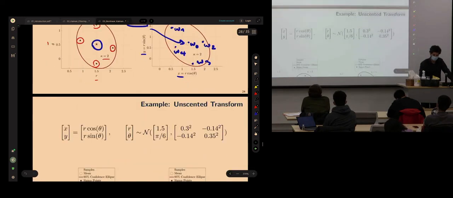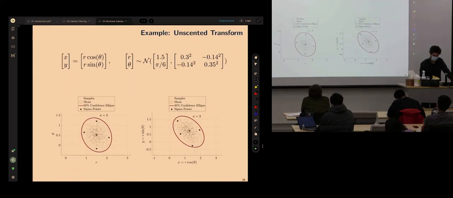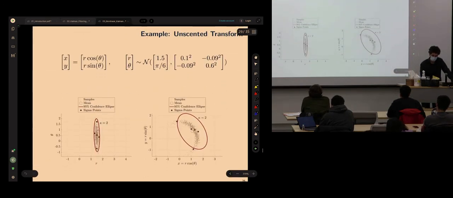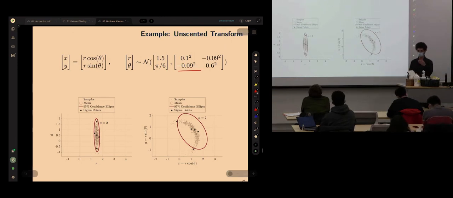As we will see moving forward, I'm just saying that 95% confidence ellipse, so that means if you draw 100 samples, 95 of them will be inside this ellipse, right? Now, if you make the distribution a little complicated, in the sense that the orientation, the angle, causes this distribution to become narrow like this.